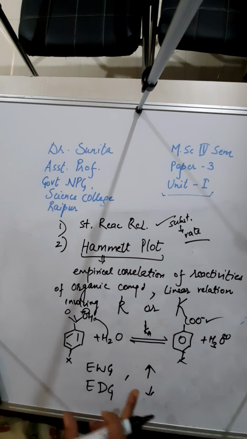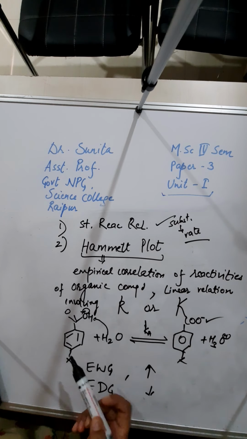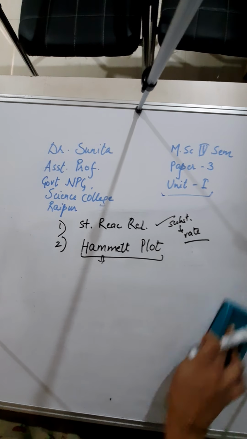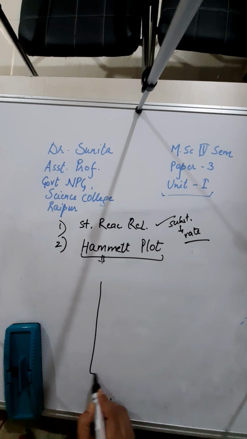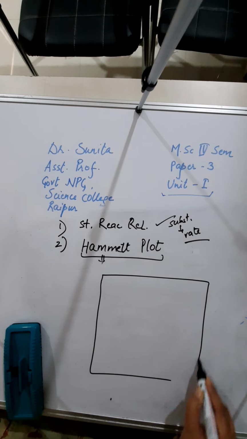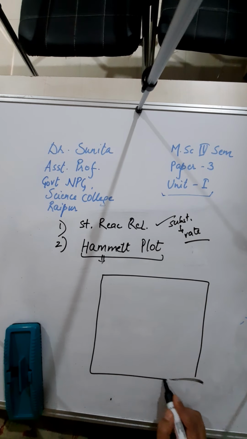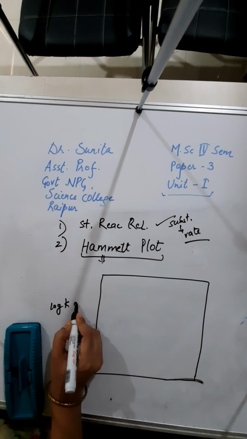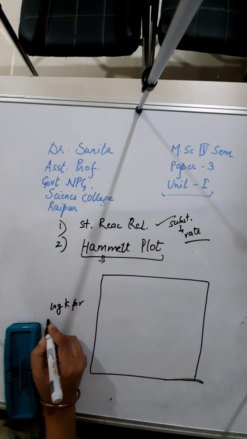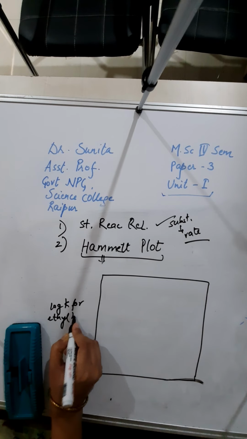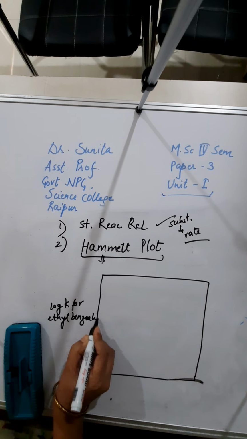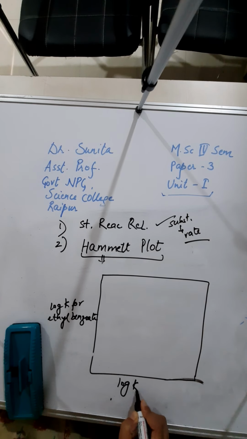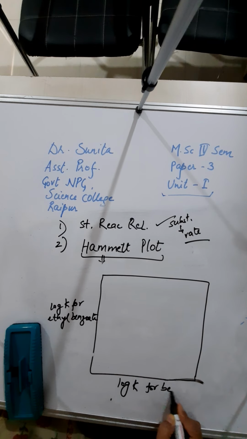And this can be plotted on a plot where we have log K, the logarithm of the rate constant, on the y-axis, log K for ethyl benzoate, and this is log K for benzoic acid.